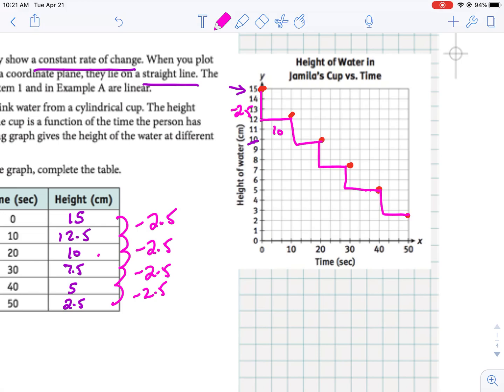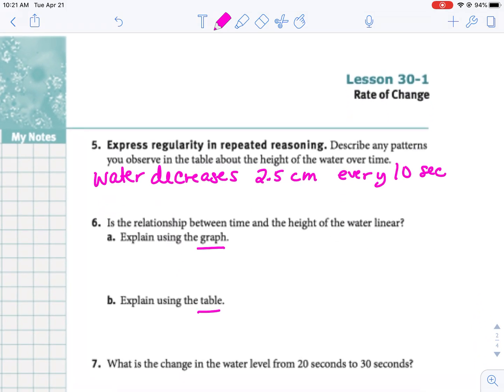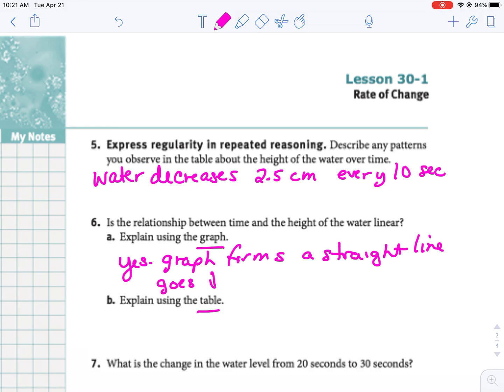So we would say, is it linear? Yes. We could say the graph forms a straight line. And it goes down 2.5 centimeters and right 10 seconds.